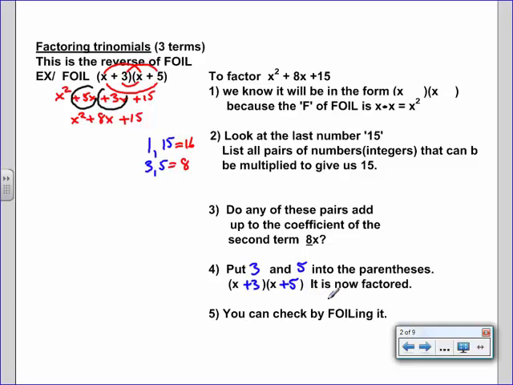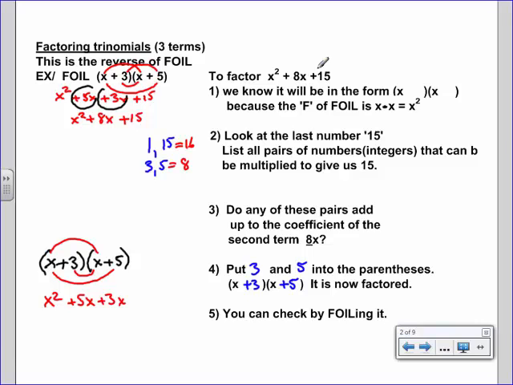If you want to check it, you can go ahead and FOIL and see if you get what you started with. I won't do this for all problems, but I'll demonstrate it on this one. If you FOIL x plus 3, x plus 5, you should end up with what you started with. X times x is x squared. X times 5 is 5x. 3 times x is 3x.